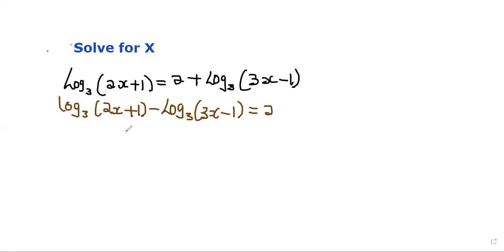Here, we'll be using law number 2. For those who don't know what law number 2 is, it says that the log of a into x over y equals the log of ax minus the log of ay. So we're going to use this concept.